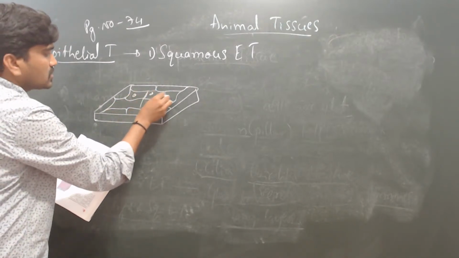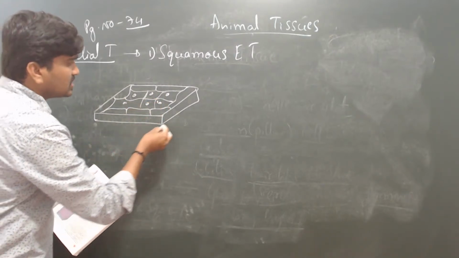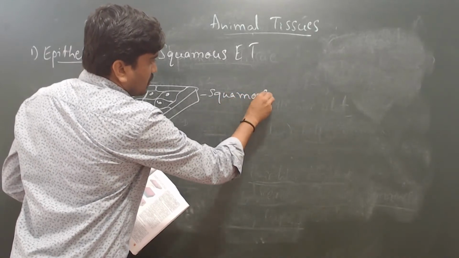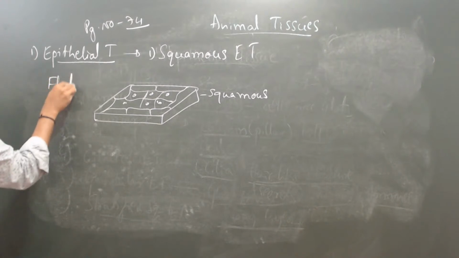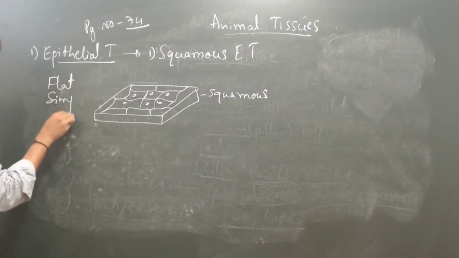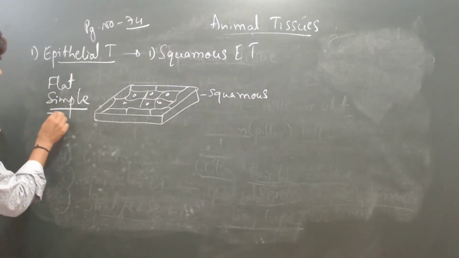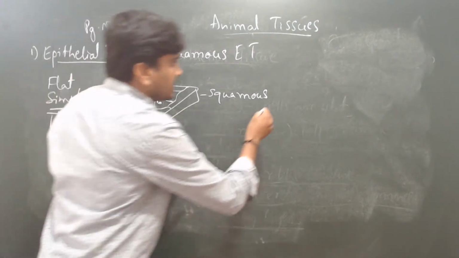These are known as stratified squamous epithelial tissue. This one is squamous epithelial tissue. It is flat and simple and thin in structure. Very flat like this, okay?